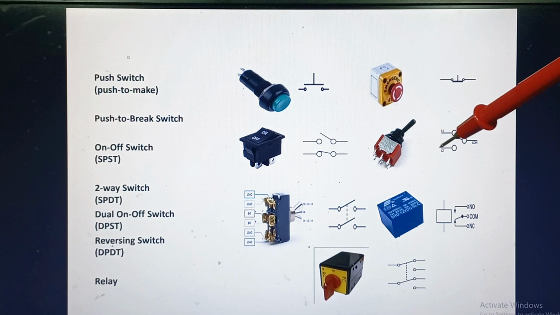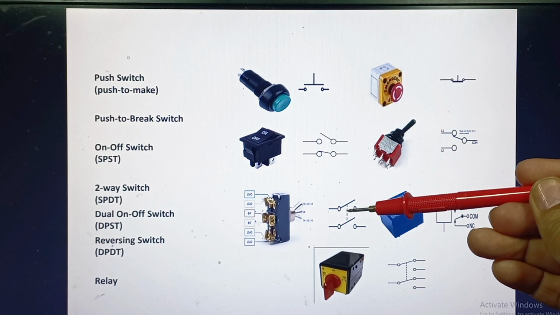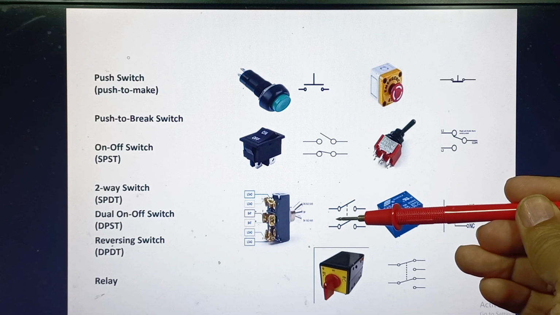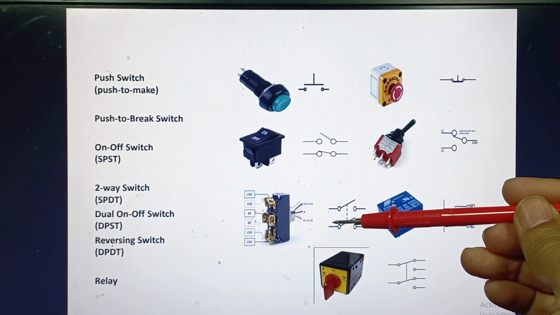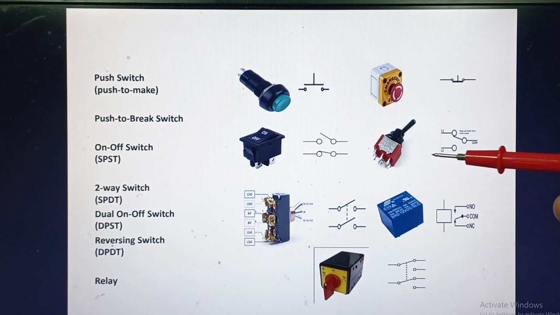These are some other switches. This one is your dual on-off switch, which is a DPST switch. This one is your reversing switch, which is a DPDT switch.